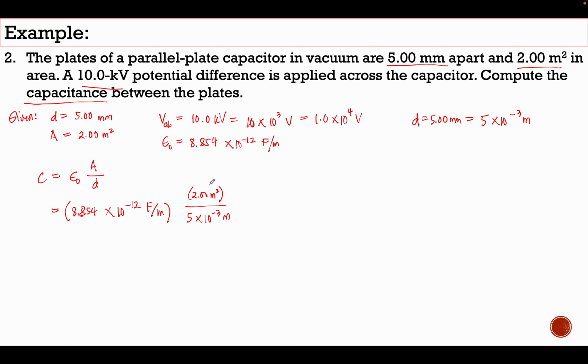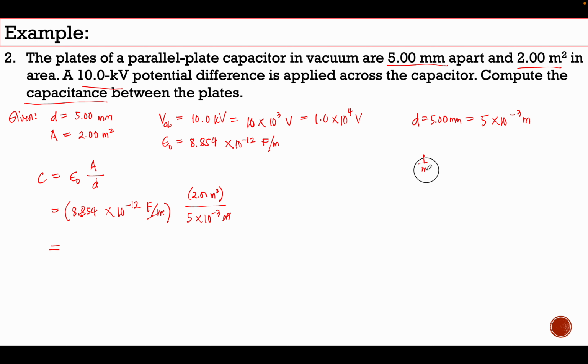Okay, so we have right here the units. Now, how about for the unit? For the unit, the 1 over meter of our epsilon naught will be cancelled out with the distance.